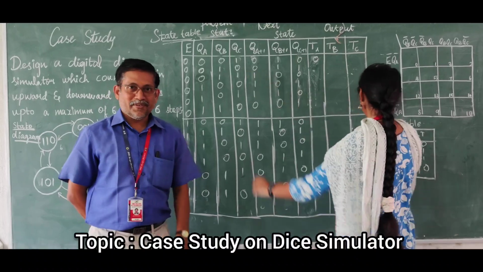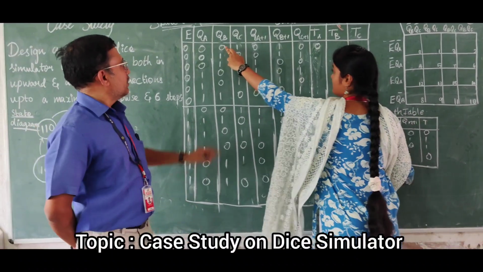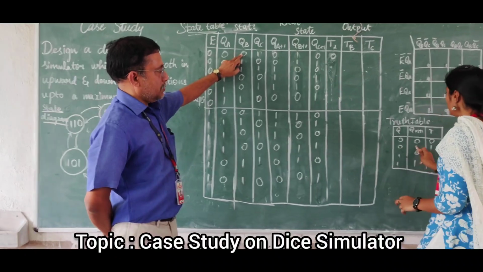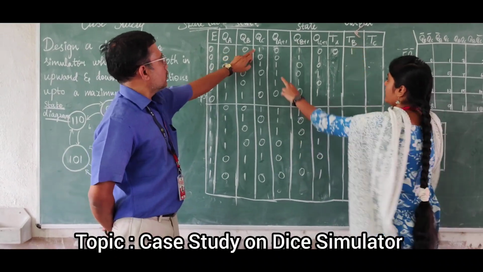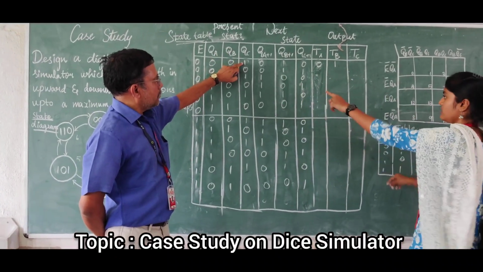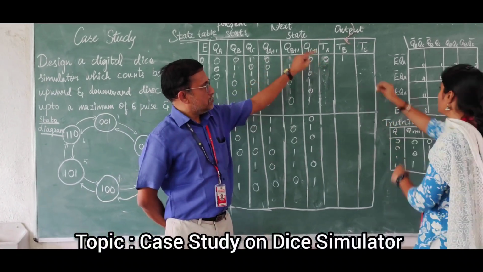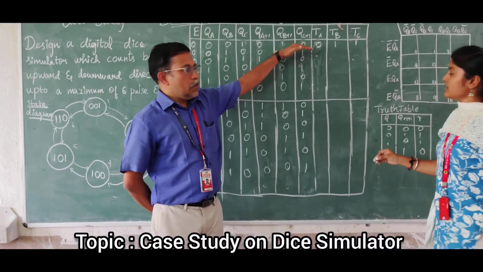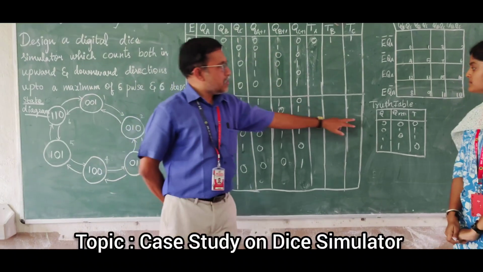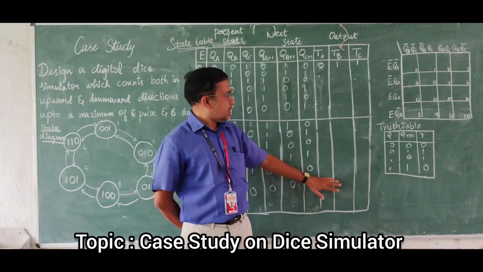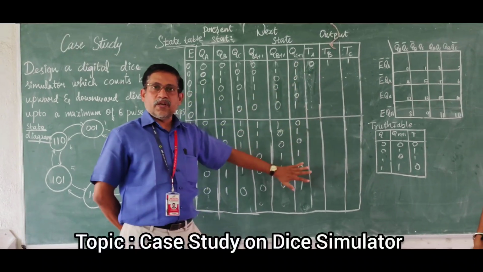For QB, the value is 0 and QB+1 is 1, so the output is 1. For QC, the value is 1 and QC+1 is 0, so the output is 1. Similarly, we can solve with the help of the truth table and fill this table completely, such that the excitation table is fulfilled.